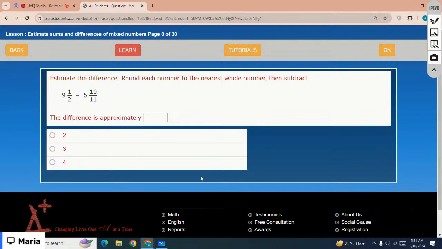That is 3, because 10 over 11 is greater than half. So 5 whole 10 by 11 is rounded up to 6. So 9 minus 6 is 3. Okay, you can complete the lesson by yourself later today. Let me just move on to the next lesson.